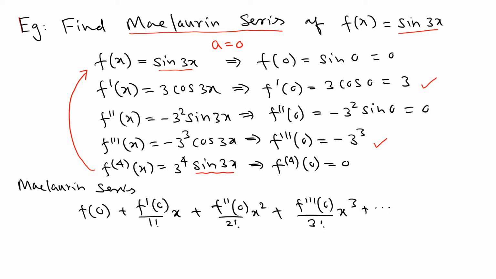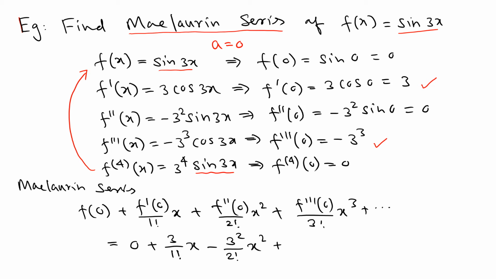So let's plug into those terms. f(0) is 0, and then we have f prime, which is 3 over factorial 1 times x, plus, and the next one we get negative 3 squared over factorial 2 times x squared, and then positive.